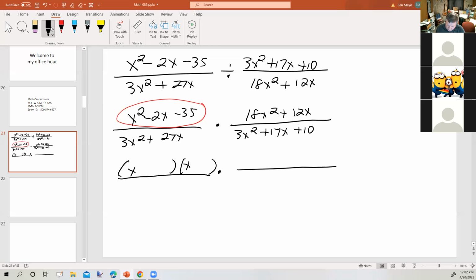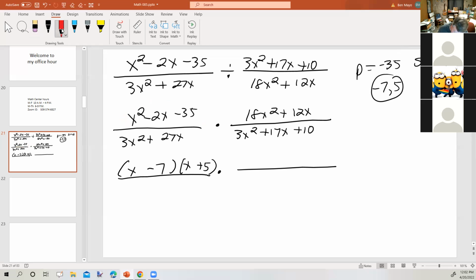For that problem, the product is negative 35 and the sum is negative 2. So how about negative 7 and 5? Are you okay with what I'm doing so far? Yes.